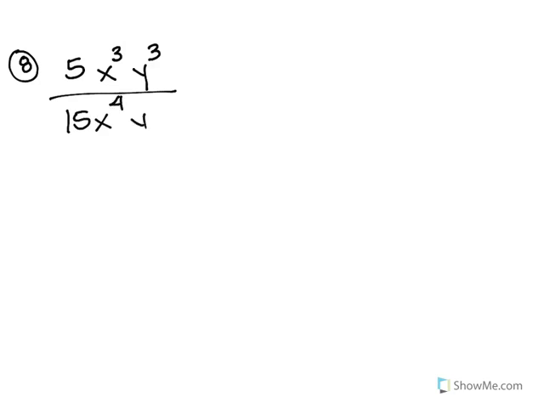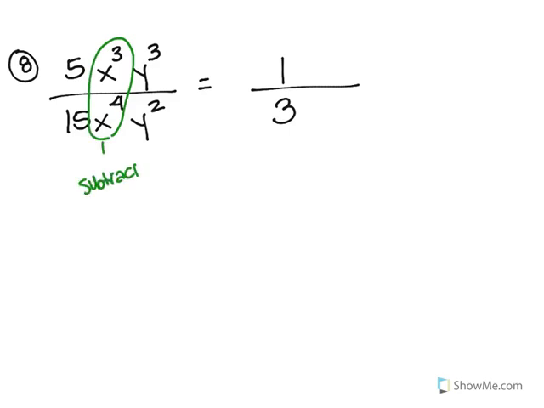If you were to reduce 5 over 15, that would reduce to 1 over 3. Then you would take your x's, top and bottom, and the rule says that you're going to subtract. So that would give me 1x left on the bottom, because 4 is bigger than 3 and it's on the bottom.